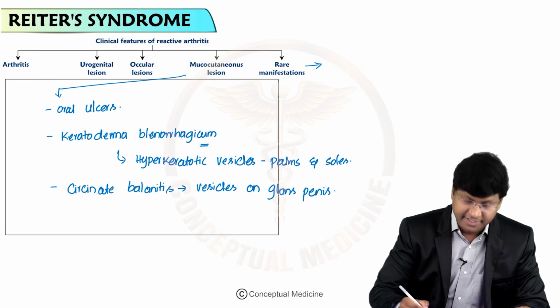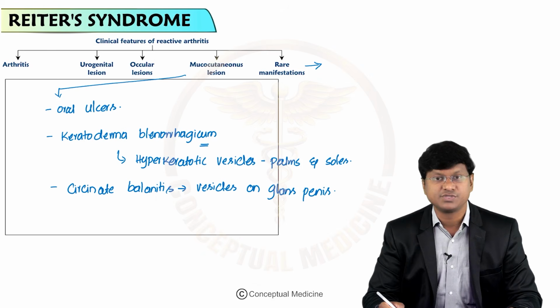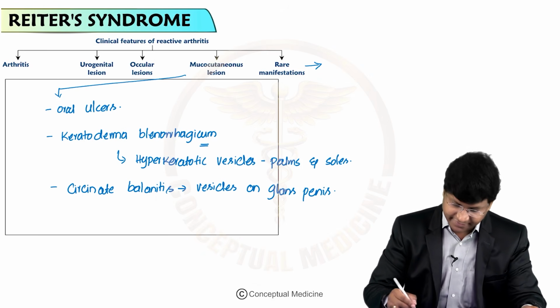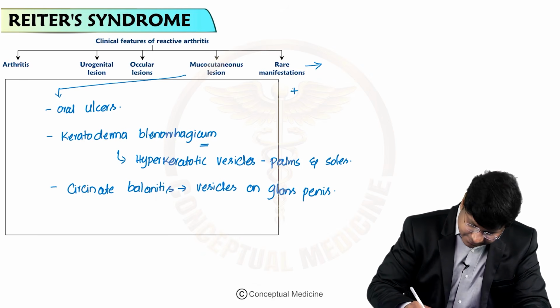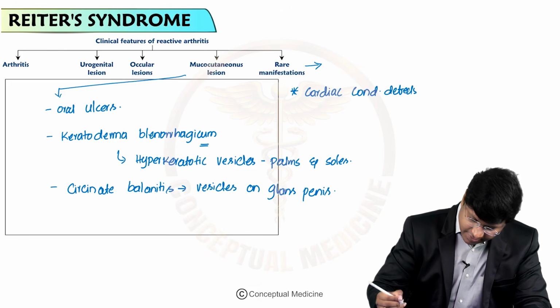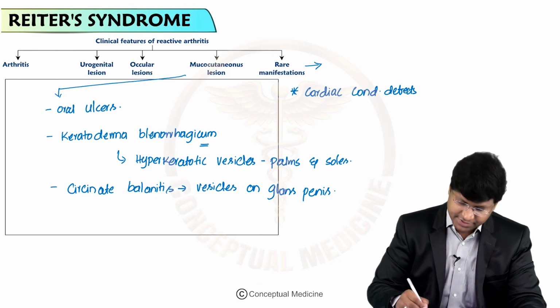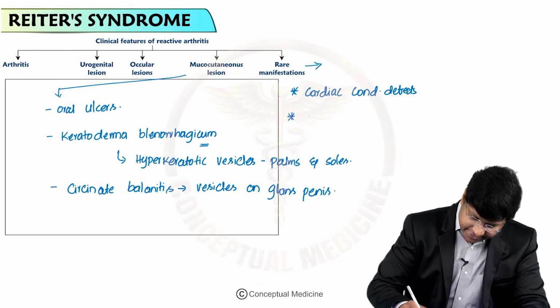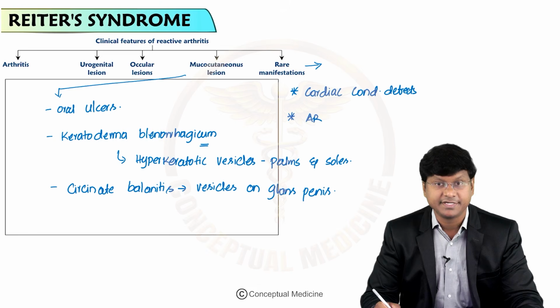And what will be the rare manifestations? The rare manifestations will be in the form of cardiac conduction defects and aortic abnormality in the form of aortic regurgitation.